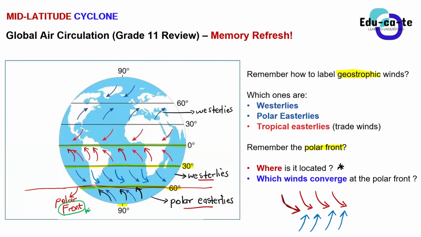You guys still remember from grade 11 that cold air and warm air do not mix. Yes, so instead, since they do not mix, they are separated by a front.